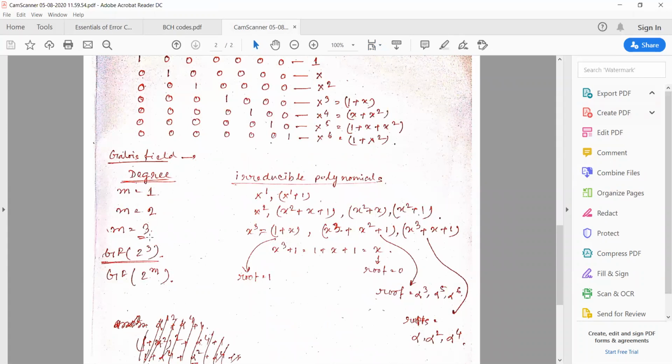But from that Galois field, we have considered only x cubed plus x plus 1 as our generator polynomial equation.